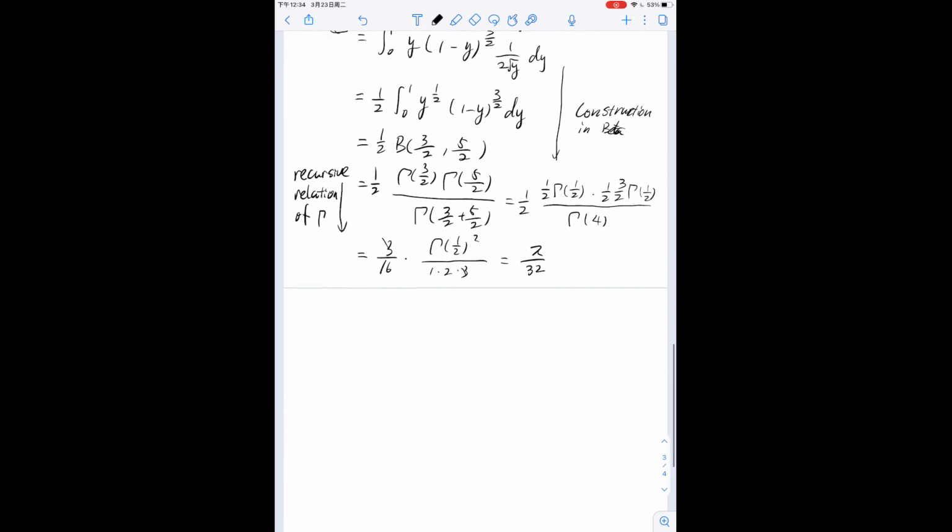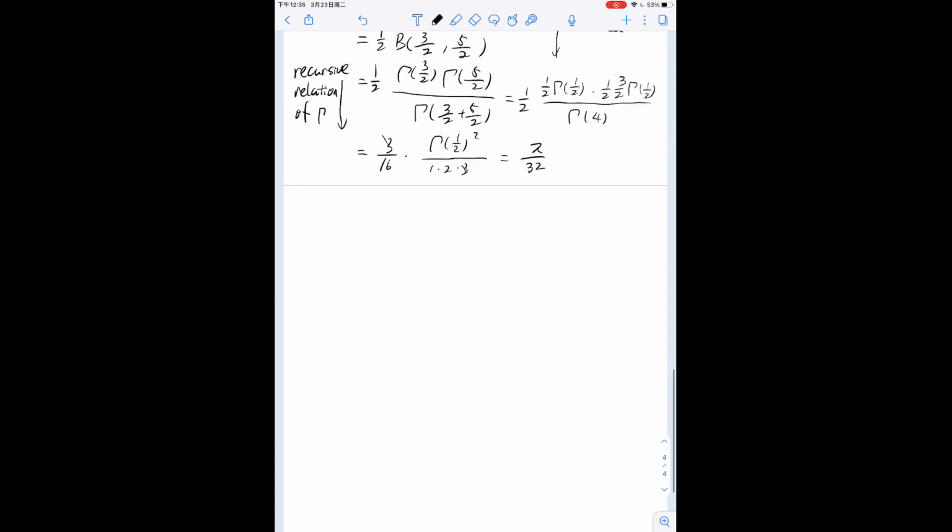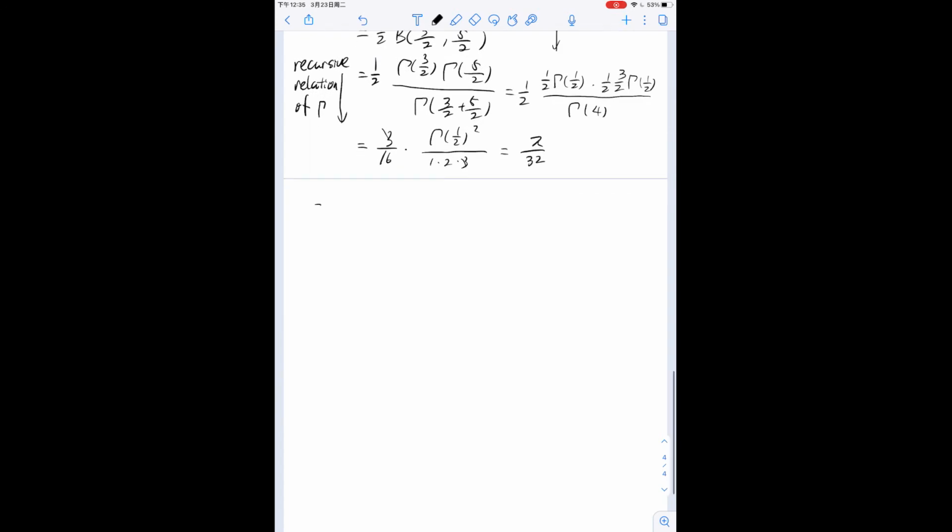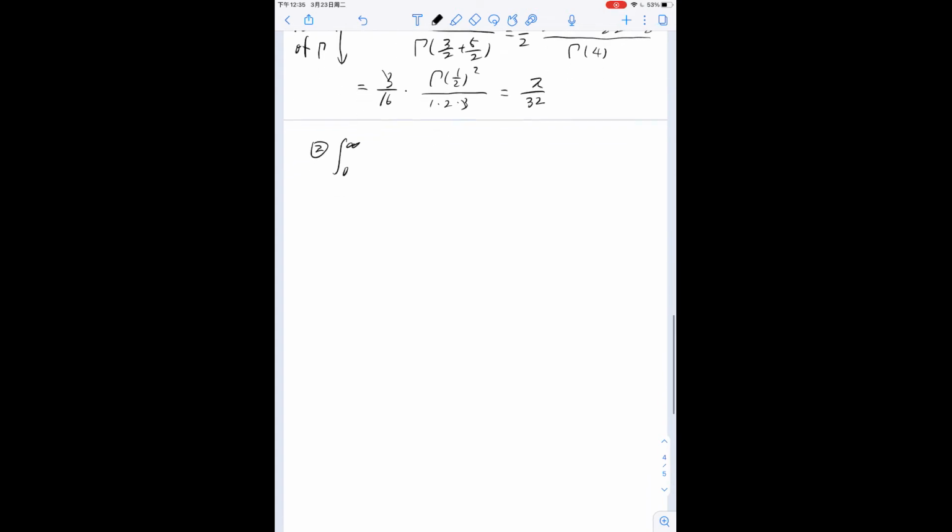Okay, now let's continue. Let's see another example. For example, if we want to calculate the integral from 0 to infinity of y squared divided by 1 plus y to the power of 6 dy.